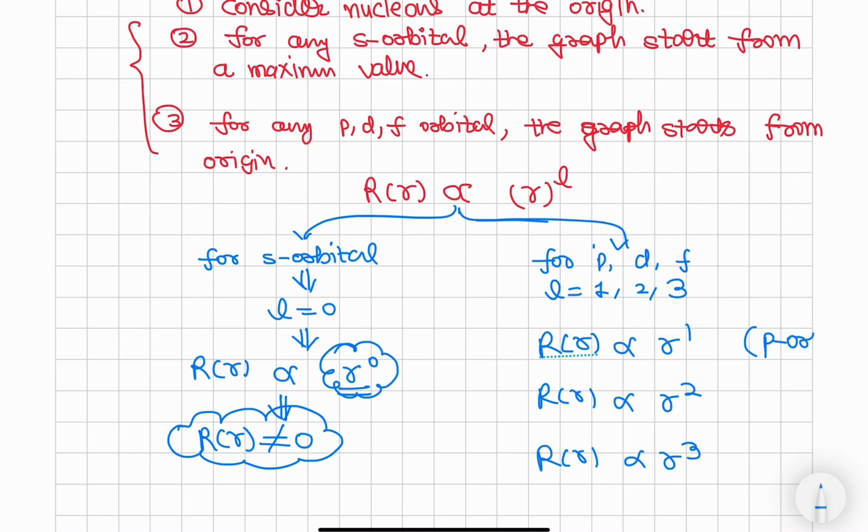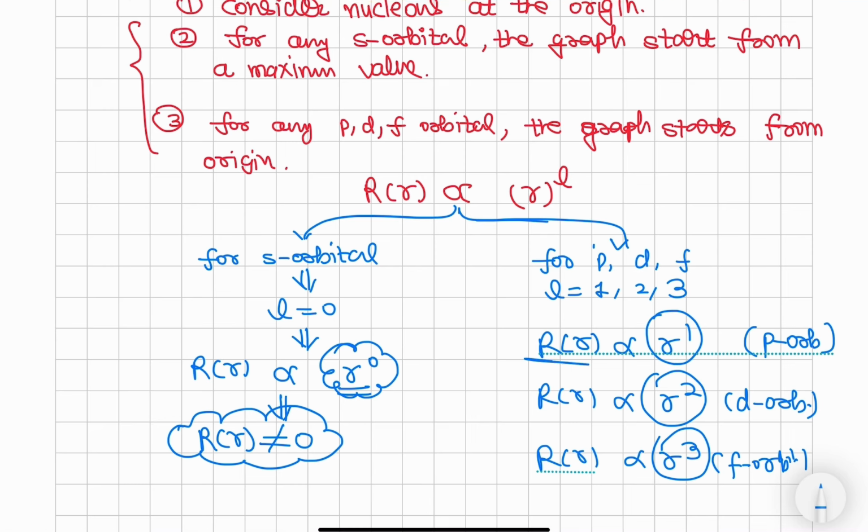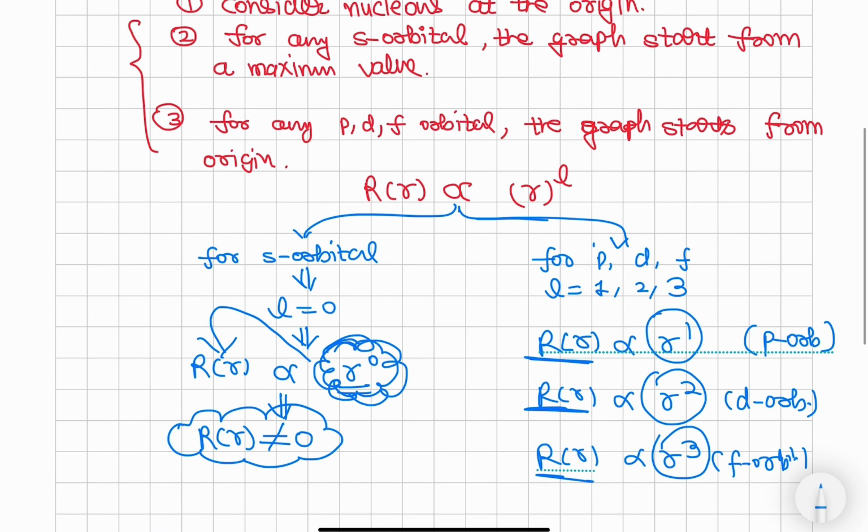This one is the p orbital, this is d, and this is f. That means r is always present in the function of R(r), and if we put r equal to 0, the value of R(r) is also 0. But for an s orbital, r is not present in the expression of R(r), so on putting r equal to 0, R(r) will not be 0. So points 2 and 3 are clearly explained.